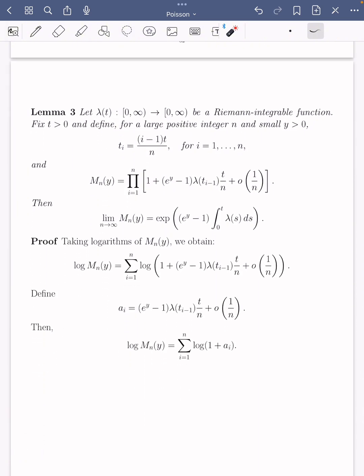Now let's show Lemma 3. Lemma 3 says that we have a Riemann integrable function, and we define t_i for i running from 1 to n.